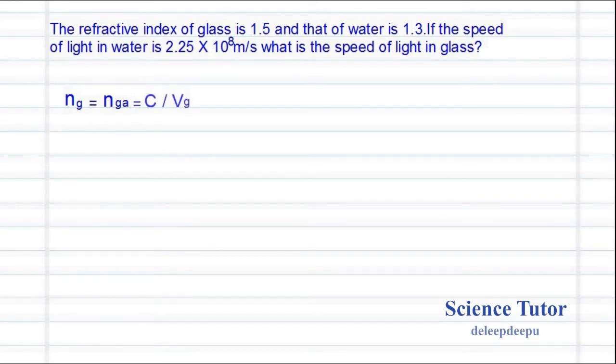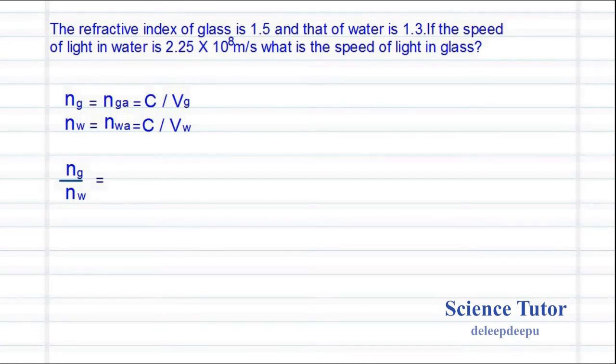Here, the refractive index of glass means refractive index of glass with respect to air, or the absolute refractive index, that is equal to speed of light in air divided by speed of light in glass. Same way, we can find absolute refractive index of water is equal to refractive index of water with respect to air, that is equal to speed of light in air divided by speed of light in water.